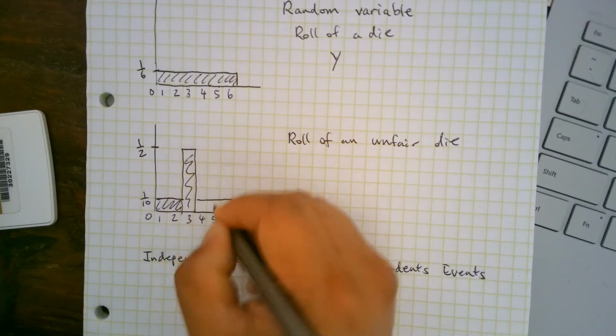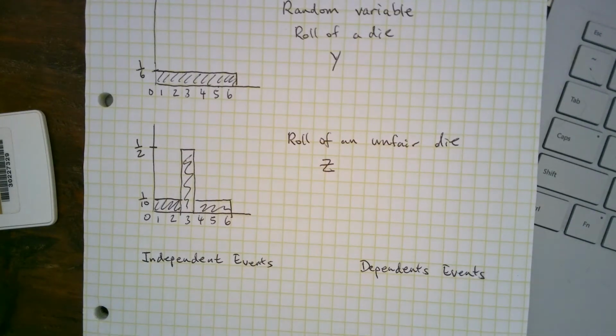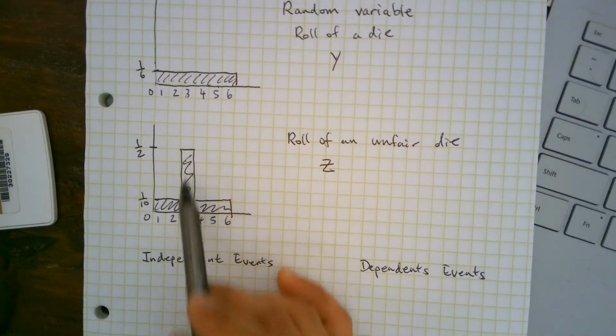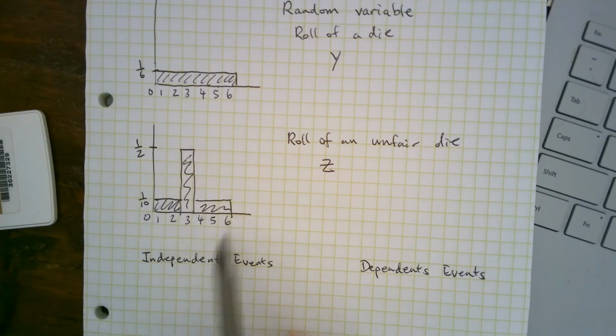There's my probability distribution. We'll call this variable z maybe. The area you can check is still 1. We've got 1/2 here, and then 1/10 times 5 there. So another half. Total area is 1. Okay, so those are random variables.